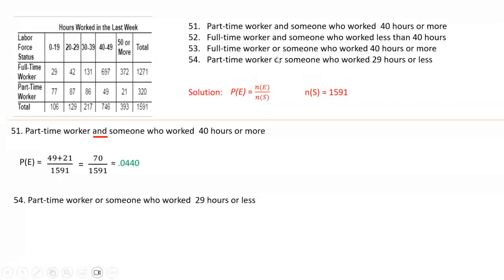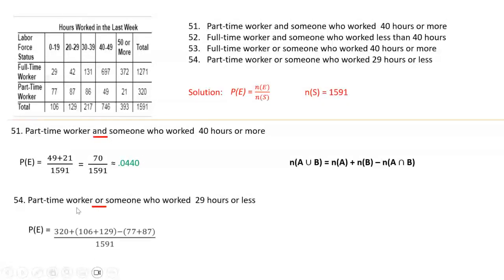Now, number 54. A part-time worker or someone that worked 20 hours or less. So the key word here is or. Okay, so we're going to use this formula here. But if I want to, I can do it this other way, right? So let's see here, part-time workers is going to be, this is part-time worker here, right? So it's going to be this one here. So it's going to be 320, or means, right?